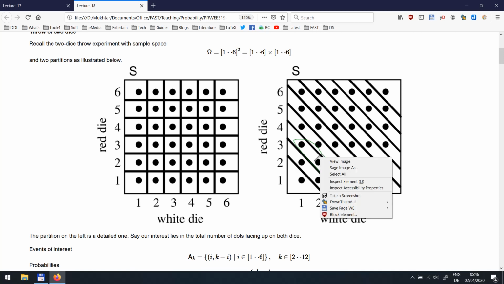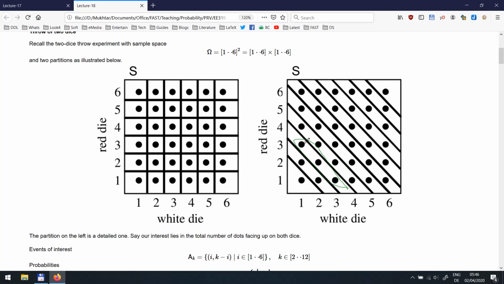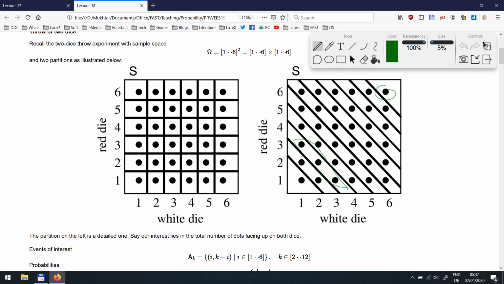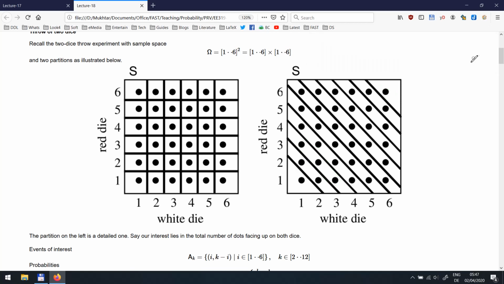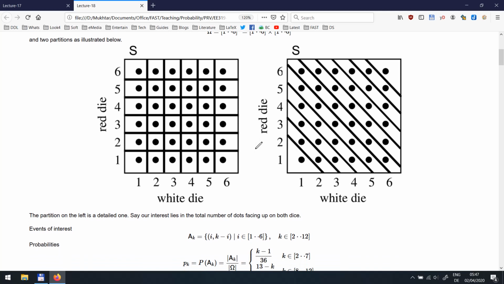This one, 2 plus 2, 4. This one, 1 plus 3, 4. See? So you can take any of these. Let's say if I look at the last one, this one, 6 dots on white, 6 dots on red, 6 plus 6 is 12, and there is only one element of that. So that's how we use the idea of partitioning to isolate events of our interest.